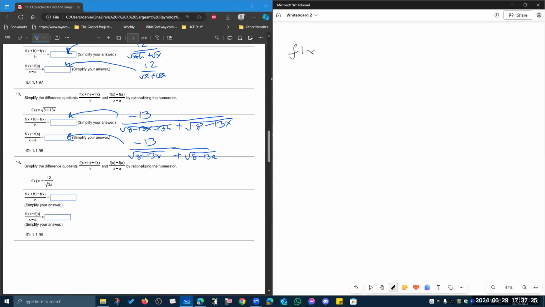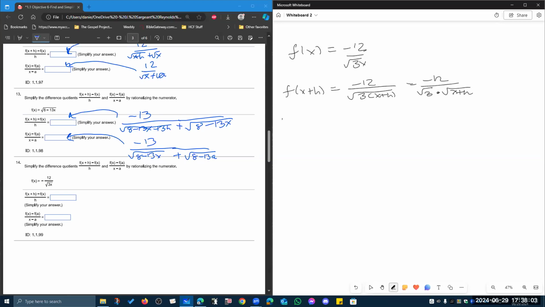If f of x is going to be negative 12 over the square root of 3x, then let's do the f of x plus h part first. F of x plus h is negative 12 over root 3 times x plus h, which is negative 12 over root 3 times root x plus h, like that.